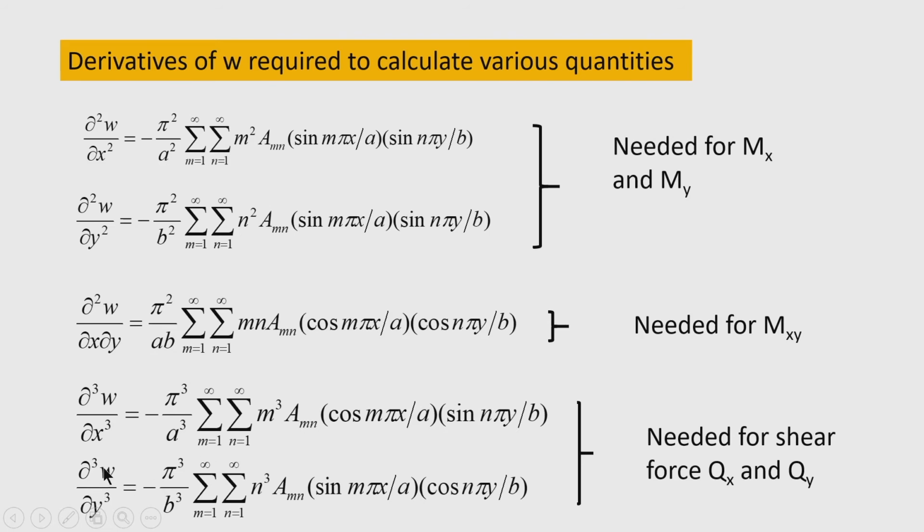Similarly, del cube W by del y cube equal to minus pi cube by B cube double sum n cube a m n sin m pi x by A cos n pi y by B, and these quantities are needed for shear force calculation.